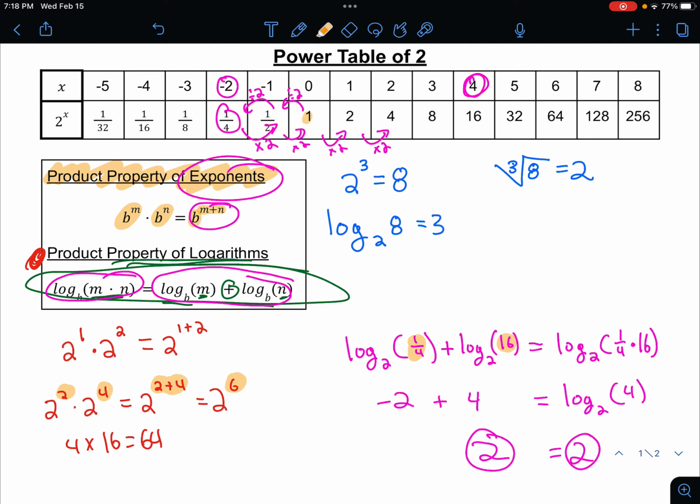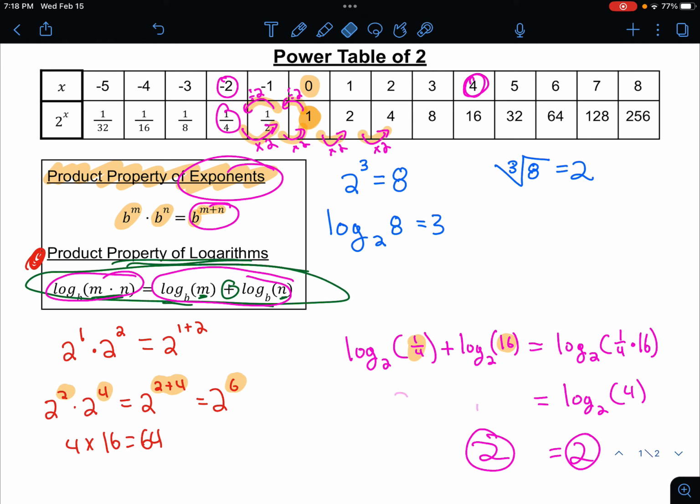And one thing I want to note is I'm always starting here when I'm using this sort of moving along, because we typically think of 1 as being the starting point. That's no multiplications of 2. We start at 1. And so when I go 1, 2 in the negative direction, I'm dividing by 2 twice. And then I go 1, 2, 3, 4 in the positive direction, I'm multiplying by 2 four times.